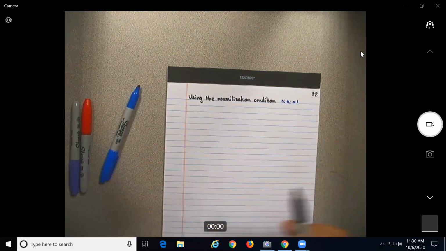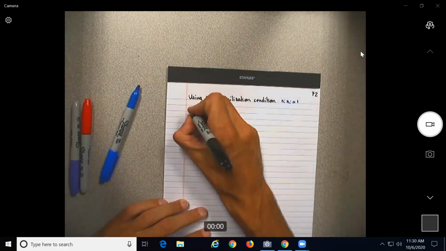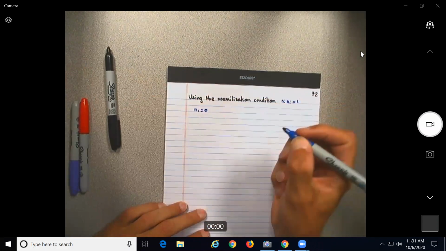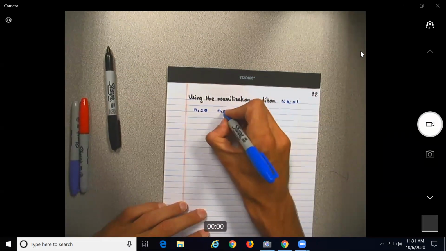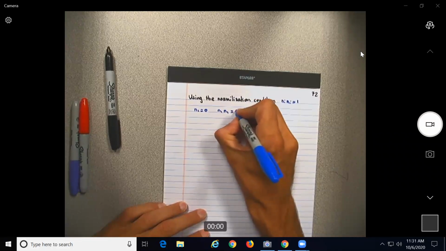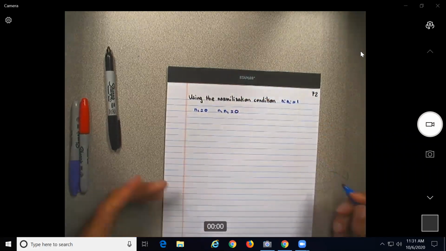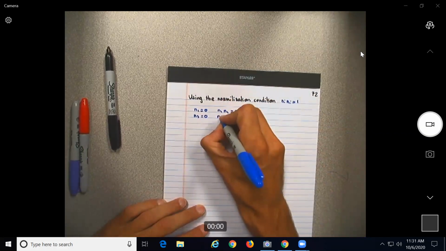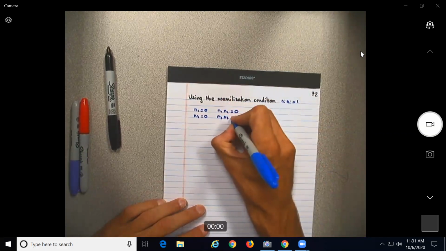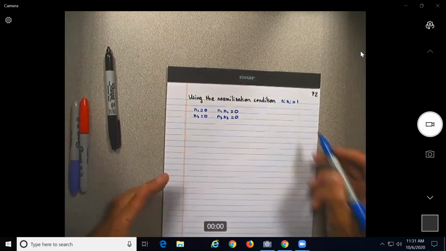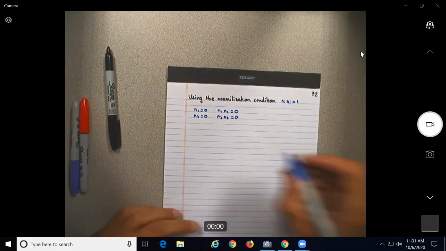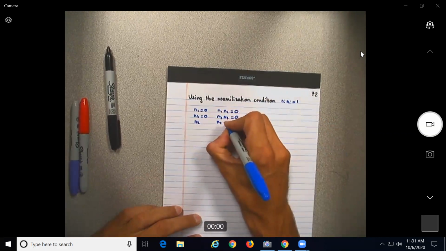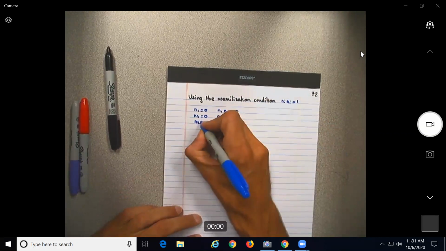So if n1 is 0, and n3 is 0, we still need to have one that will be 1. So this will mean for n2, if you want n2 equal 1.